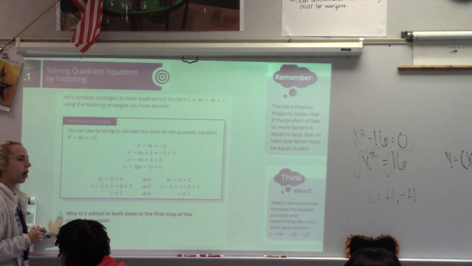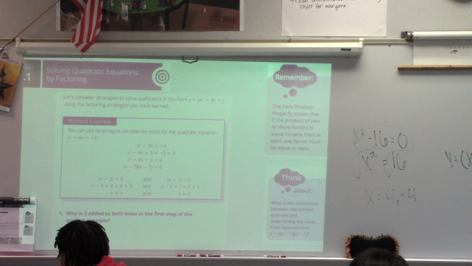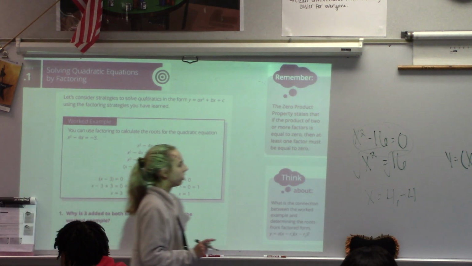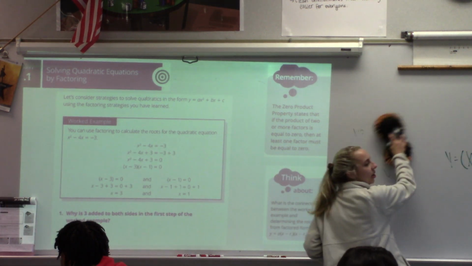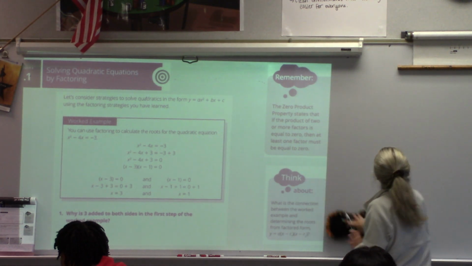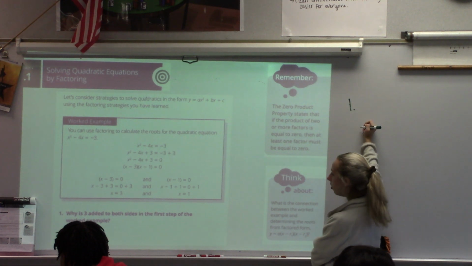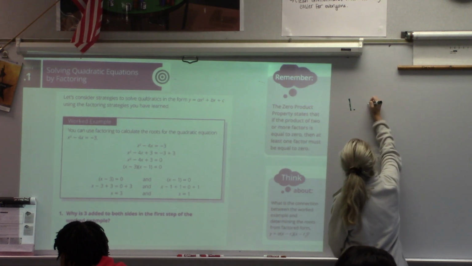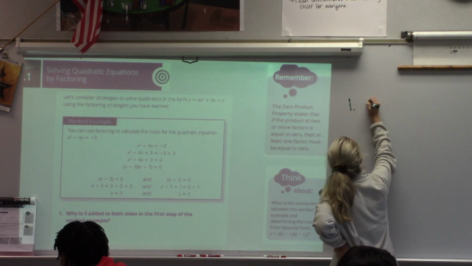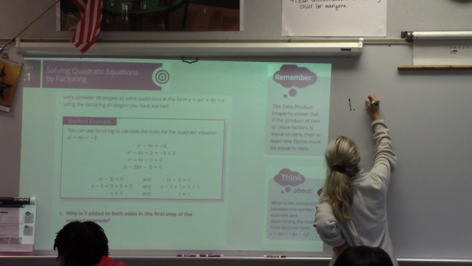Mr. King, do you want us to write for this one? I mean, it wouldn't be a bad idea. Yeah, you could. Why is 3 added to both sides? When we factor, we want to be able to use what property? You just said it. I'll write it up here so y'all can see it a little bit better.